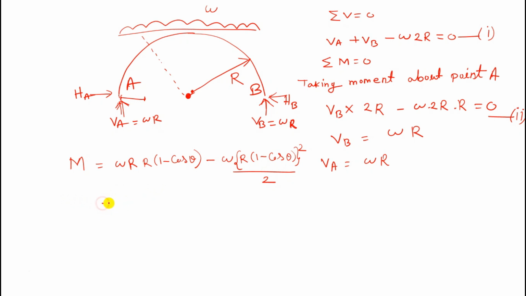So if you simplify this formula, you will get W R square by 2 sin square theta. Okay.